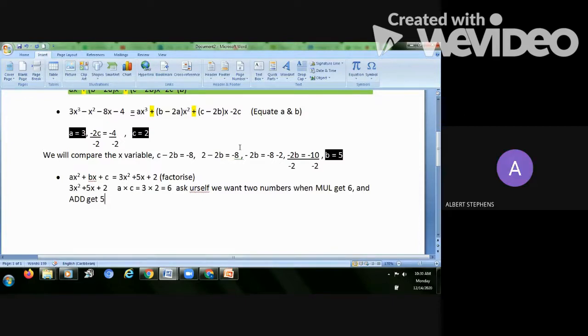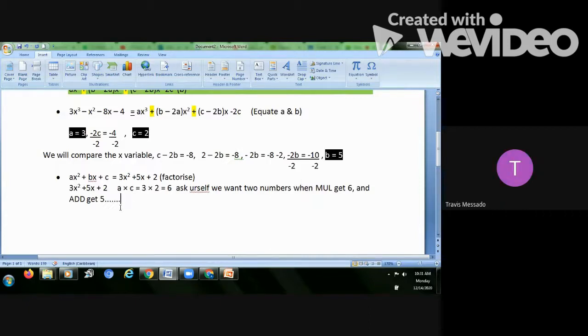Sir, that's 3x plus 2x give you 5x. Well, no, just give me the two numbers. 3 and 2. A 2 and 3. 2 times 3 is 6. And what's 2 plus 3? 5.